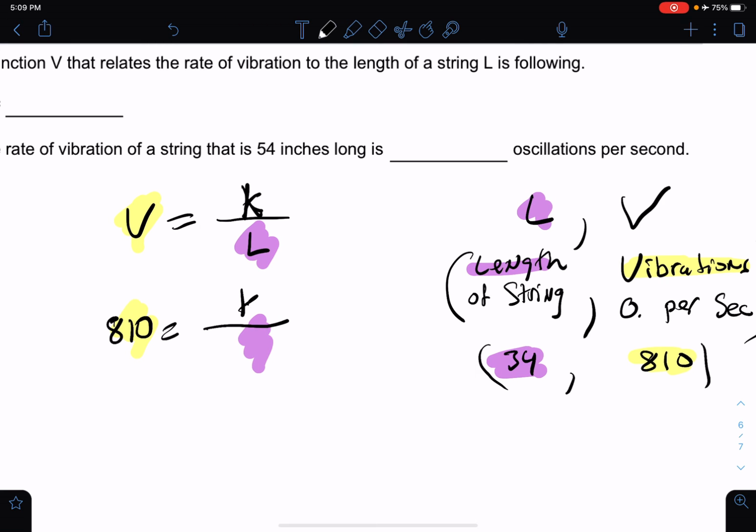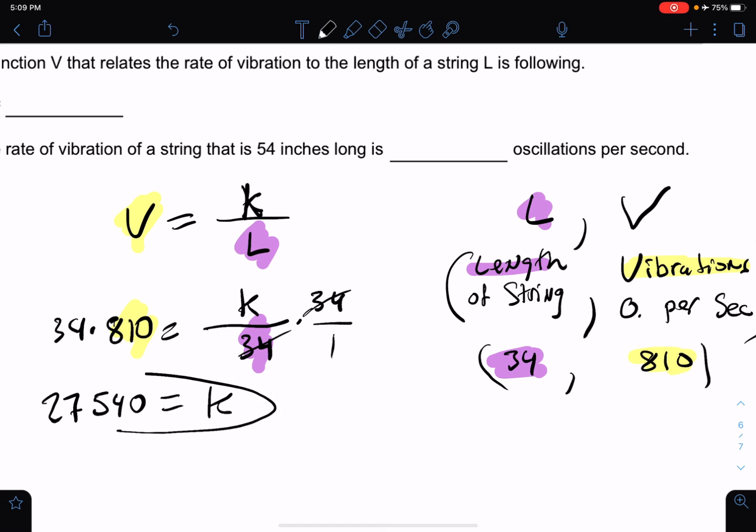The K value is what we don't have, but that's only one. We have string length with 34. K value is the only thing I don't have. That's one variable, and I can solve easily by multiplying both sides by 34. And that's going to reduce. And I got K equals 34 times 810, a big number, 27,540. And that's the K value.